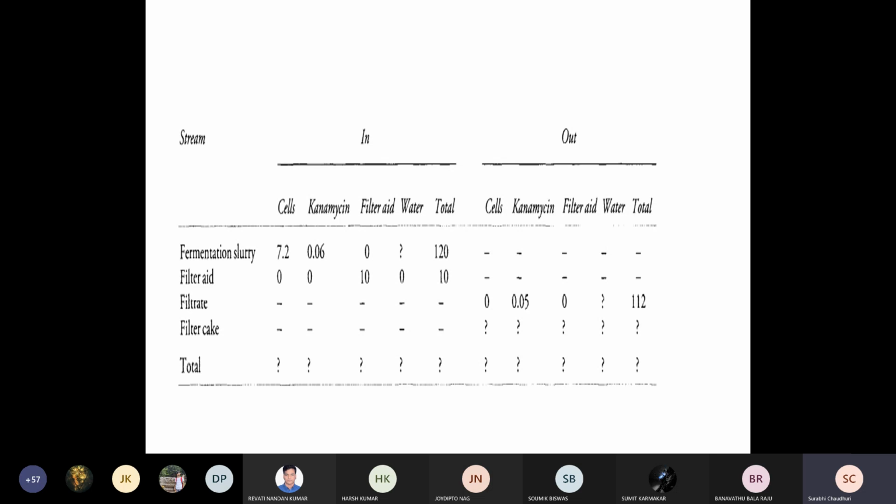And here water, for fermentation slurry, is 120 minus 7.2 minus 0.06. How much? That you calculate and then write here. And based on that, you fill the same values of total for the out and balance the out table.